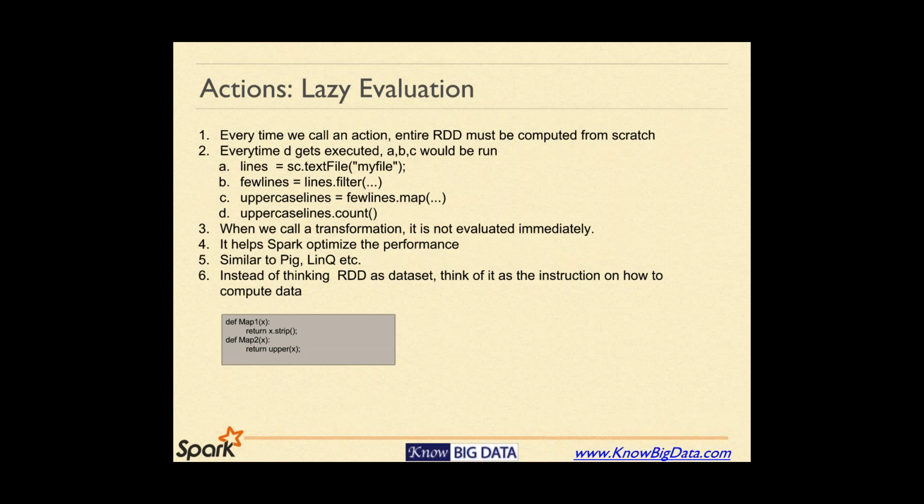And every time D gets executed in this particular example, A, B, C would be run. The only case is we can say uppercaseLines.cache, which means uppercaseLines will be cached into memory so that it doesn't need to be recomputed from scratch.